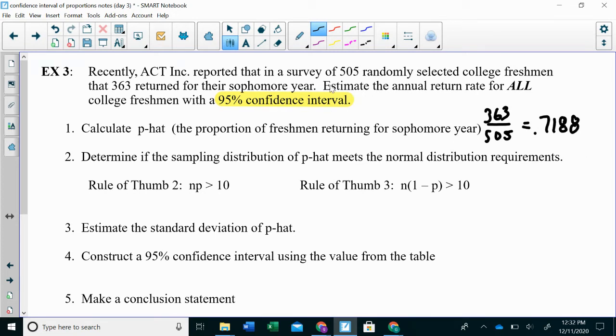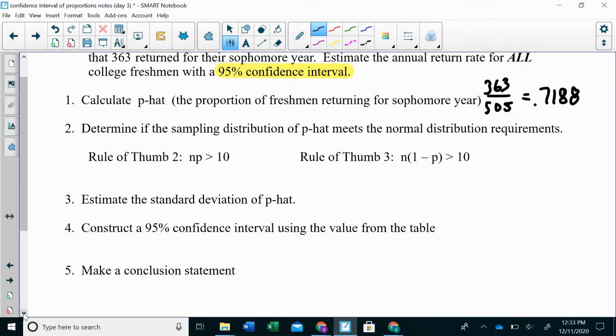The sample that we've surveyed, 0.7188, that's the proportion of the students who are returning their sophomore year. So we want to use that to make a prediction about the entire population, all college freshmen. That's what this 95% confidence interval allows us to do.